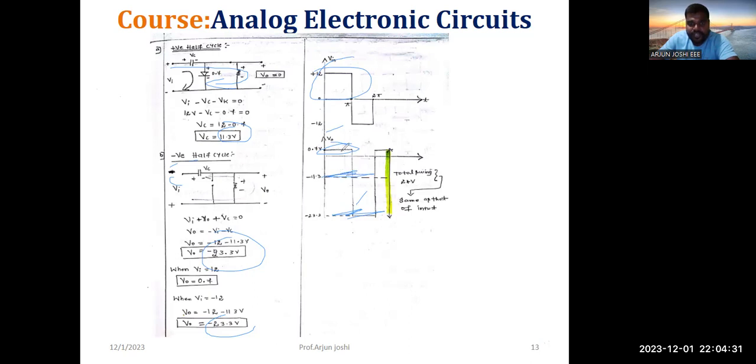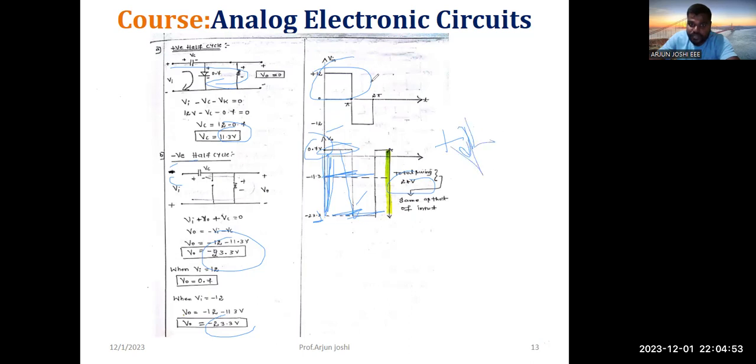Total swing is 24 volts, plus 12 to minus 12. Here 0.7 and here minus 23.3, so from here to here 23.3 plus 0.7, total 24 volts. The output swing is 24 volts.